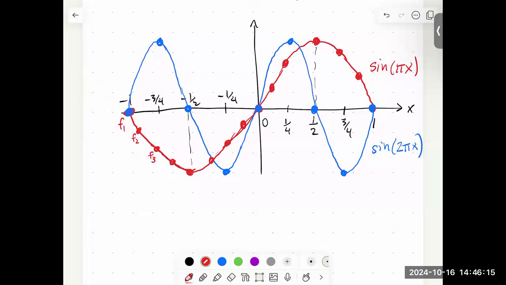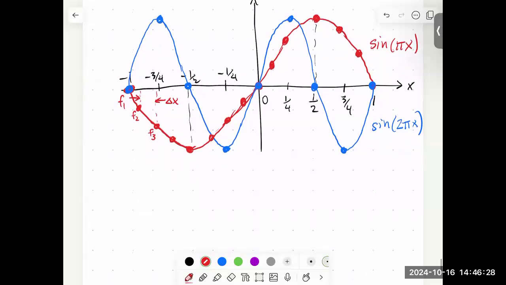Delta x is how far we move along the x-axis between samples. So if our domain is from -1 to 1, and we take n samples, delta x will be 2 divided by n.